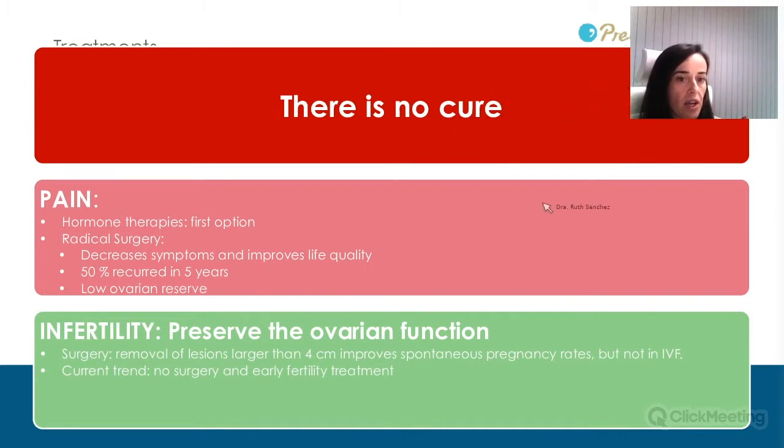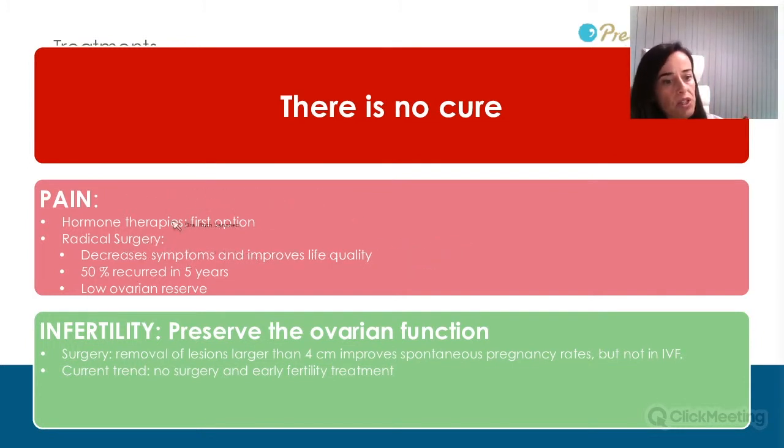So the therapeutic approach will depend on whether we want to treat the pain or the infertility. If we want to treat the pain, our first option is the hormone therapies, like the contraceptive pill, in order to prevent heavy bleeding with the menstruation, and it can relieve the pain. We can also do radical surgery because it decreases symptoms and improves life quality.